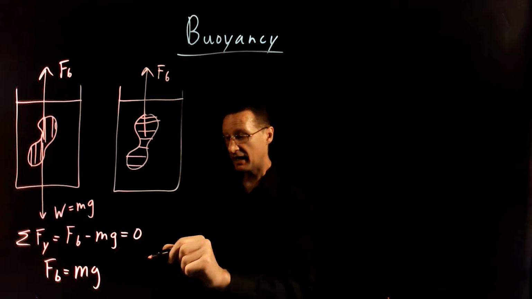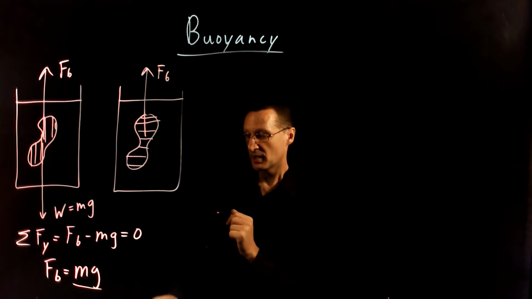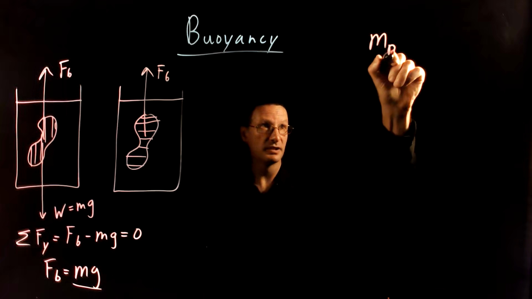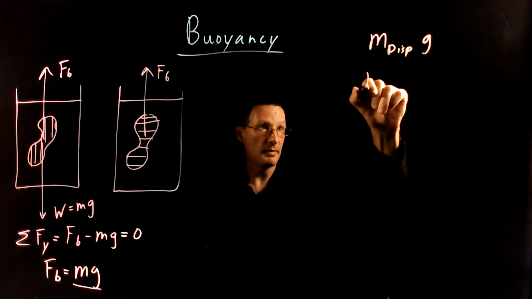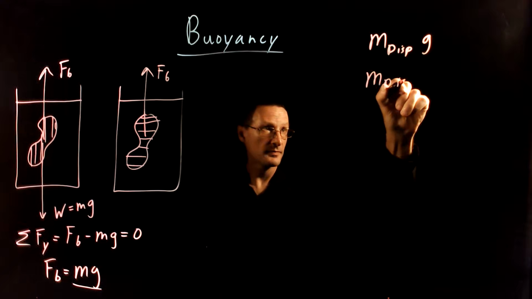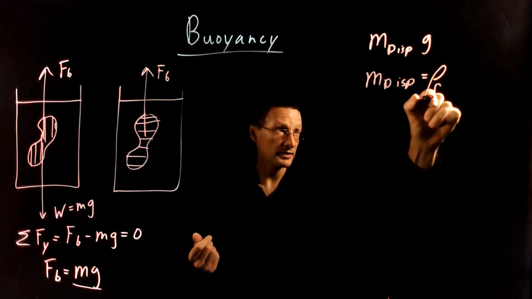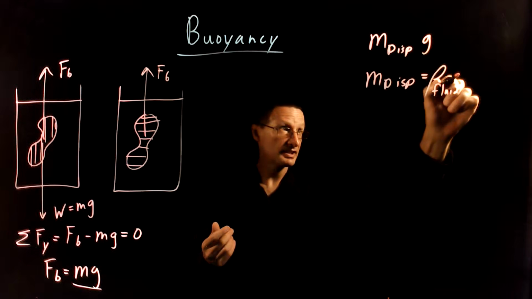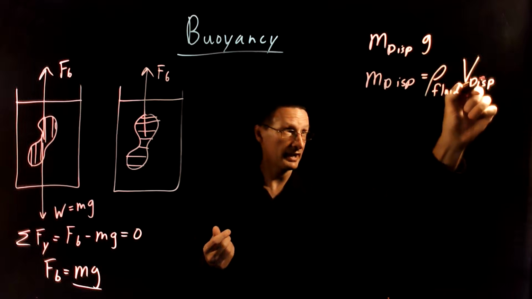Okay. Now how can we understand the value of this force a bit better? Well, I can write the mass of that displaced water as just the density of the water, or the fluid in general, times the volume that was displaced, or the volume that had to get out of the way.